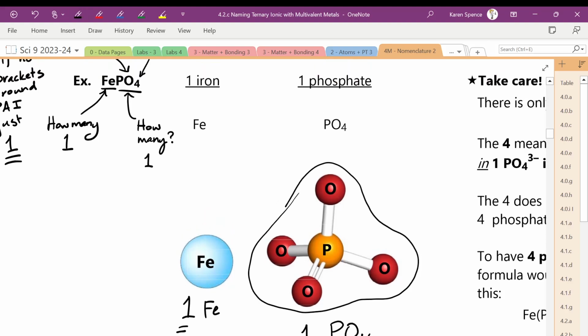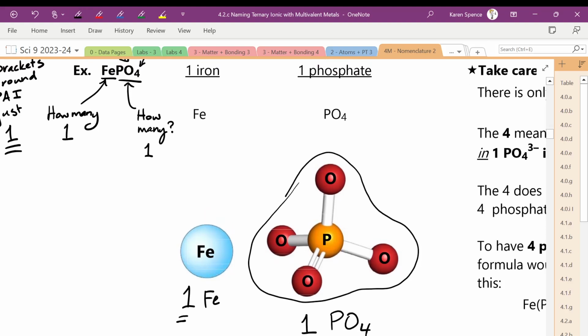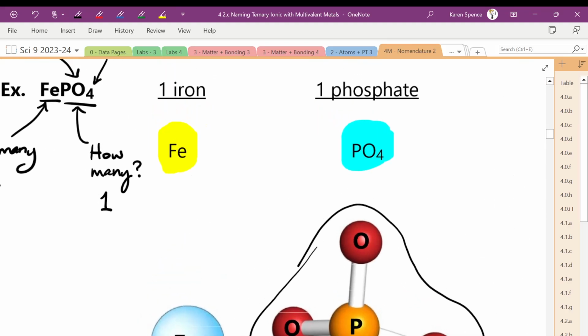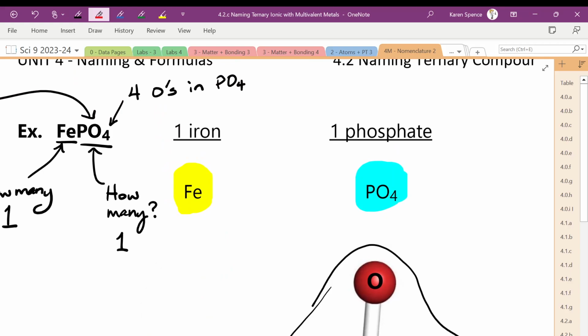So we have written out that we have 1 iron and that we have 1 PO4. What do we need to know about the PO4 now?